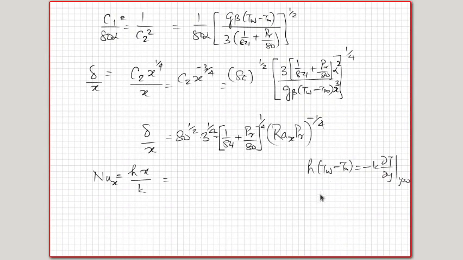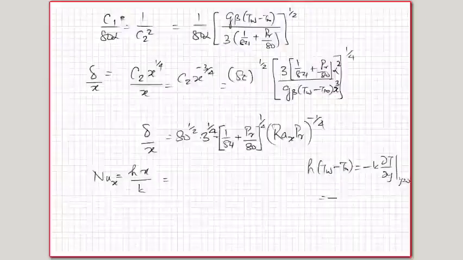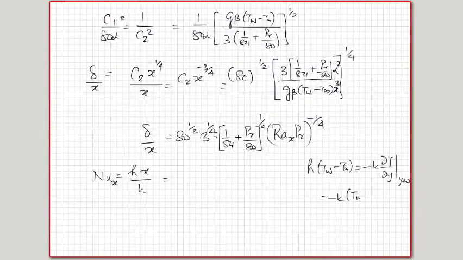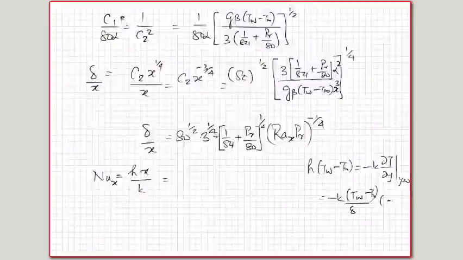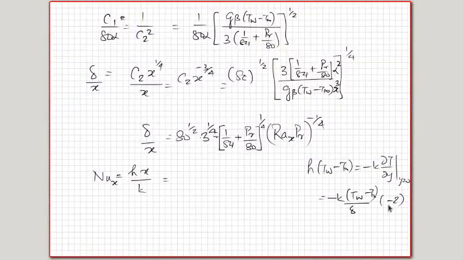And if I normalize this, then I'll get minus k into T wall minus T infinity by delta multiplied by minus 2. Okay, so this is what I'll get, because we know that del theta by del y at theta equal to 0 is del theta by del eta at theta equal to 0, which is minus 2. So this is the expression.